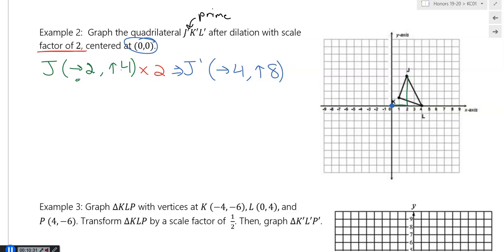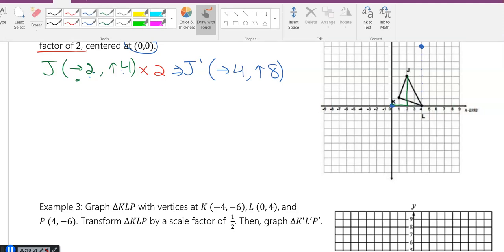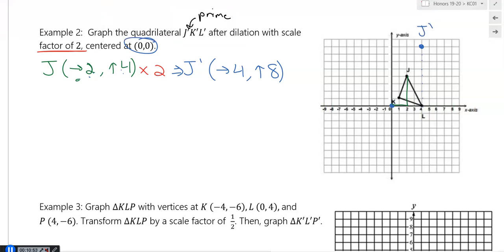Okay. So I'm going to start at my center, I'm going to go 1, 2, 3, 4, 1, 2, 3, 4, 5, 6, 7, 8. There's my J prime, okay? Again, at 0, 0, it's easier because this is the point. The point is 2, 4, and the point is 4, 8. But kind of learn this process for these ones because when it's not centered at 0, 0, it gets a little trickier, okay?